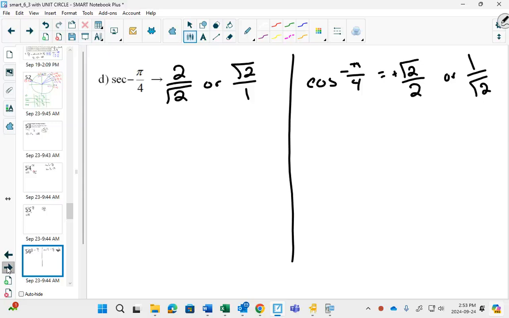Okay, if it's multiple choice, most of the time they'll have the denominator rationalized. Yes? But we know what quadrant? Yeah, we know that it's in quadrant 4, because negative means you're going the opposite direction. And if you just go pi over 4, yeah, it'll be in quadrant 4.